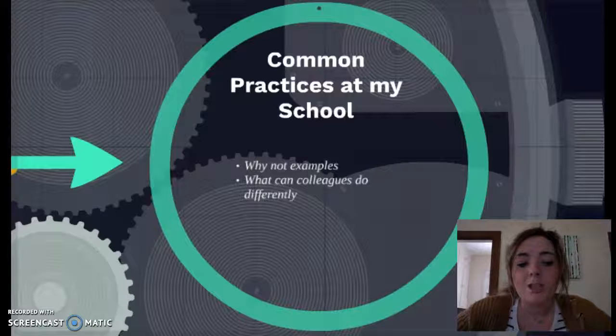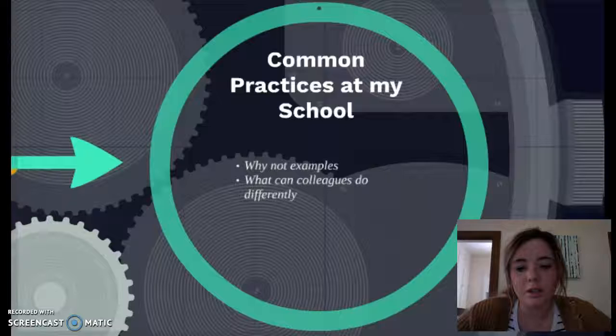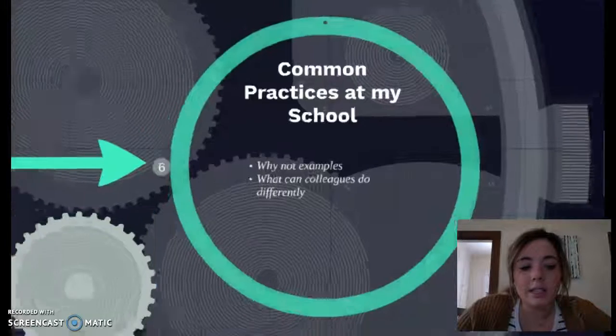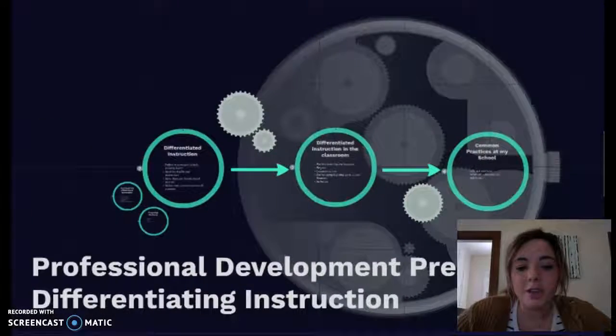So instead, you can have them write extra paragraphs, maybe a separate paper, or do something outside of the classroom for bonus points. You have to make sure these are options for everyone, because you don't want to leave anyone out. And this is my final presentation on differentiating instruction.